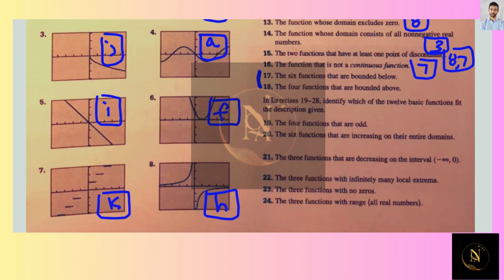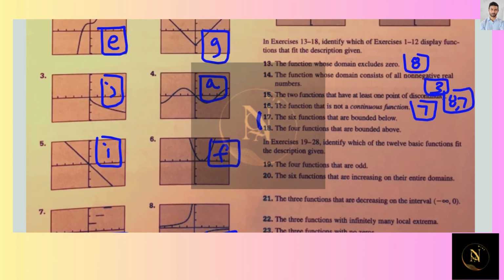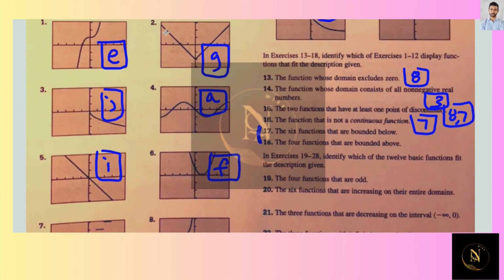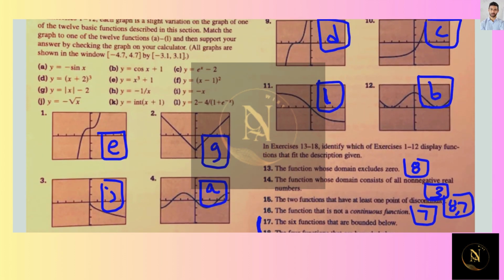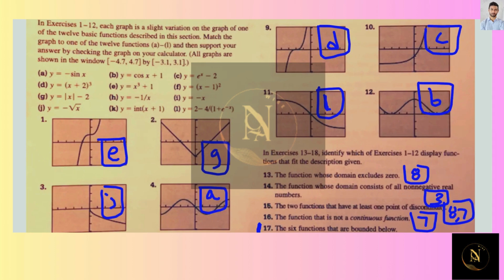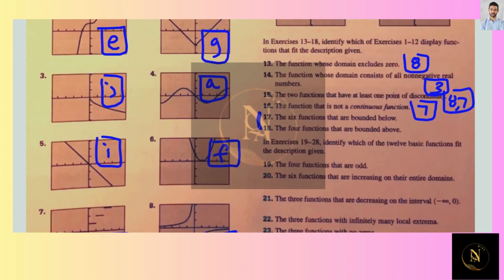The 3 functions that are decreasing on the interval from negative infinity to 0 would be the quadratic function, the absolute value function, and, oh, I already said the 3.